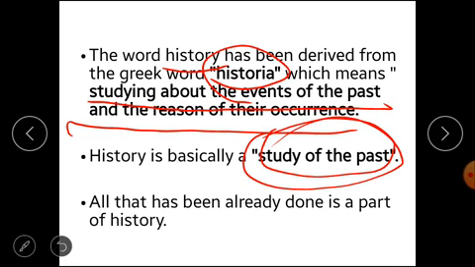Whatever is in the past, all that has been already done, is a part of history. Anything that has occurred in the past, for example, your birthday, your first day of school, the time when you first learned to ride a bike, becomes a part of history.